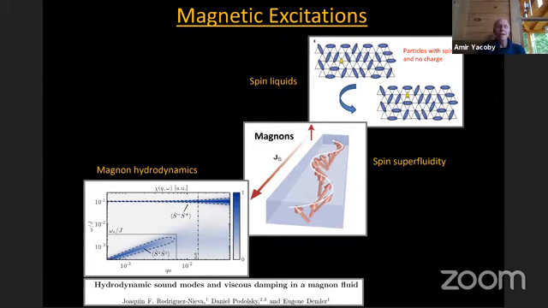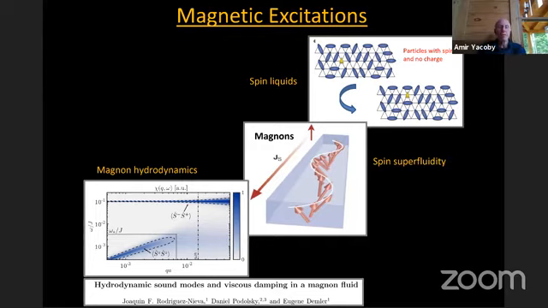The center of mass of the system conserves energy and momentum, and this leads to interesting behavior of the system. Magnons also interact strongly, which means that they can exchange energy and momentum, but that energy and momentum still stays within the magnonic system.